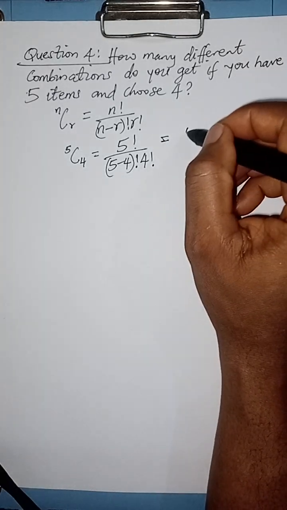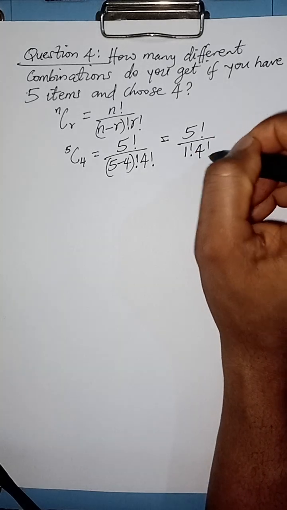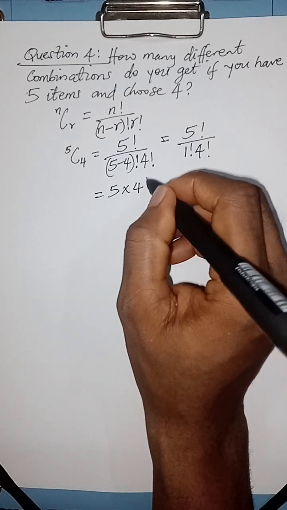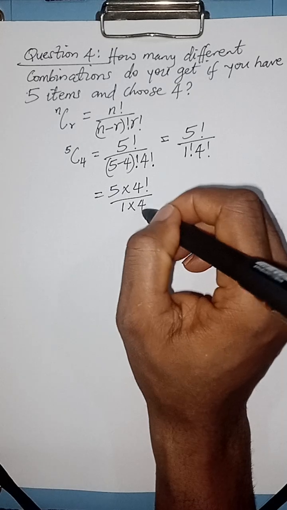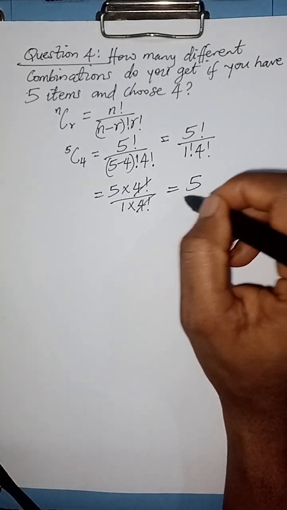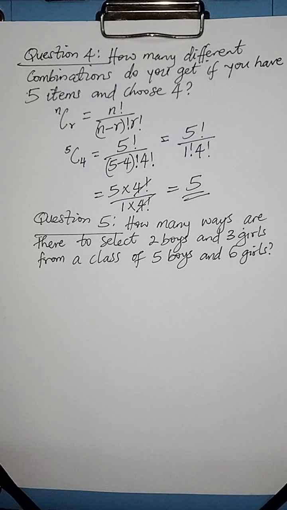This is 5 factorial, 1 factorial, 4 factorial. If you expand that, it will give you 5 multiplied by 4 factorial, 1 multiply 4 factorial, so that you can easily cancel out, and the answer to the question is 5.